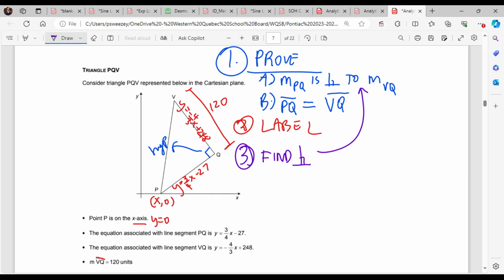So I labeled VQ with that rule, and I labeled PQ with that rule. If we're just talking about finding whether or not slopes are perpendicular to one another, really, okay, I really like that. That's exactly it, Cameron. I want to look at one thing. I'm going to highlight it here. Let's just look at what's the slope of that guy. What's the slope of that guy, right? So that's all we're going to do. So let's take a look at the slope of VQ first, which is -4/3.